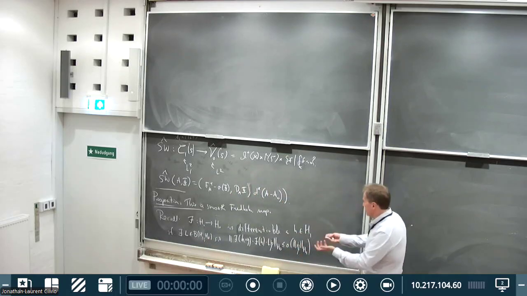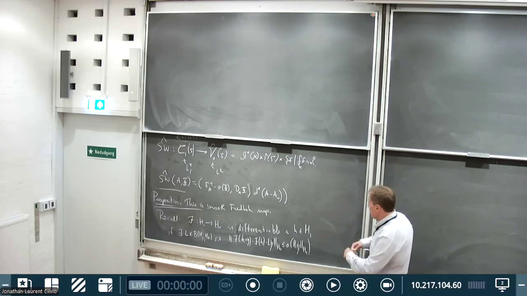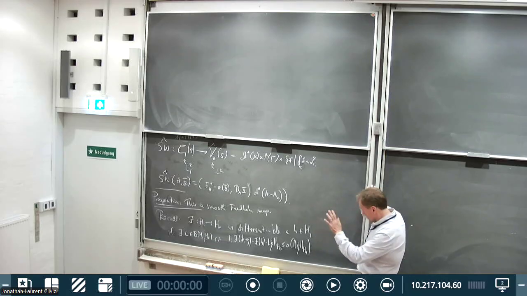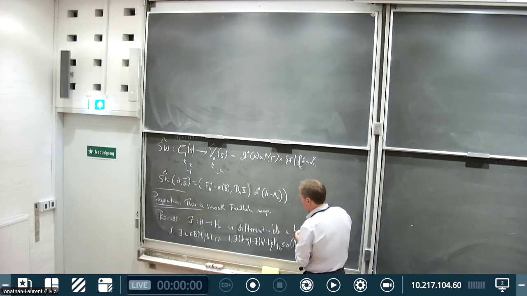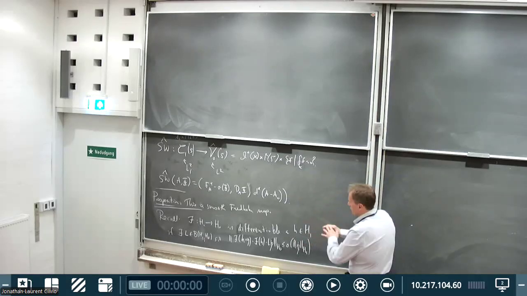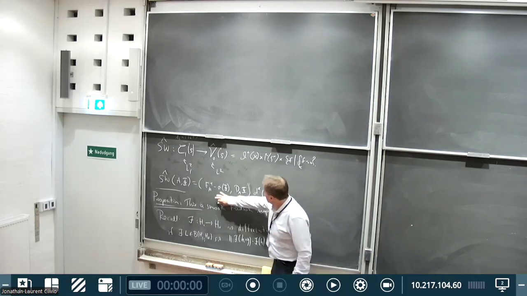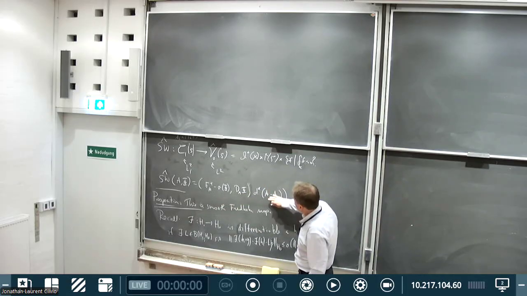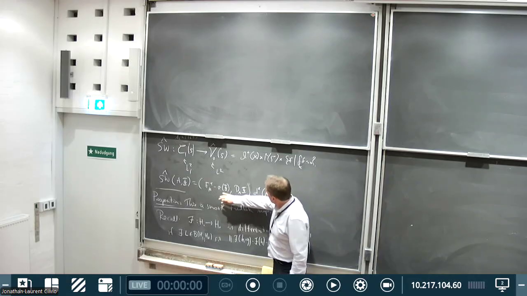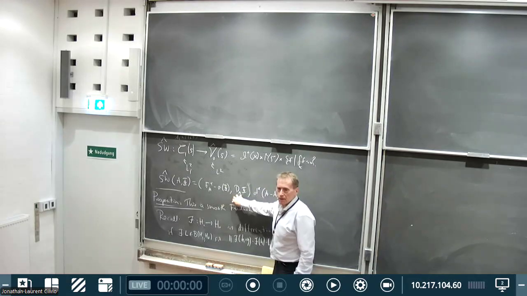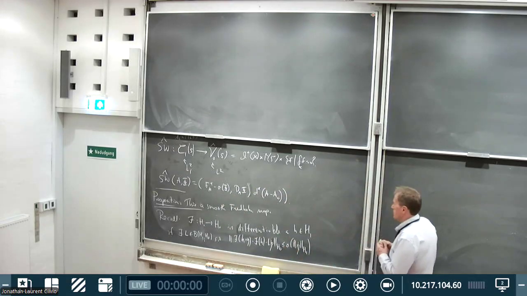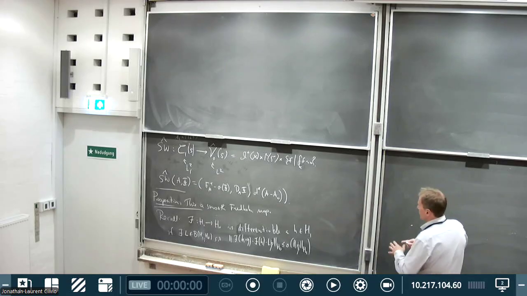So you want that to be differentiable. Anyway, if you want to get higher regularity, you find it's infinite dimensional. I'm not going to worry about that, because actually our math is very simple. The nonlinearities are quadratic. So there's not really anything too complicated here.